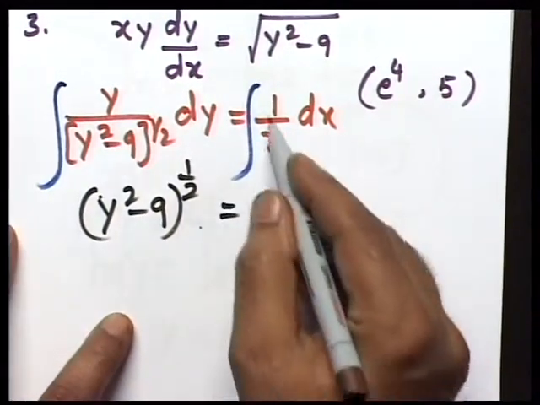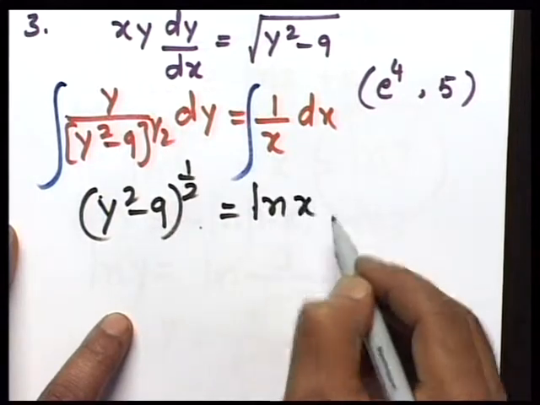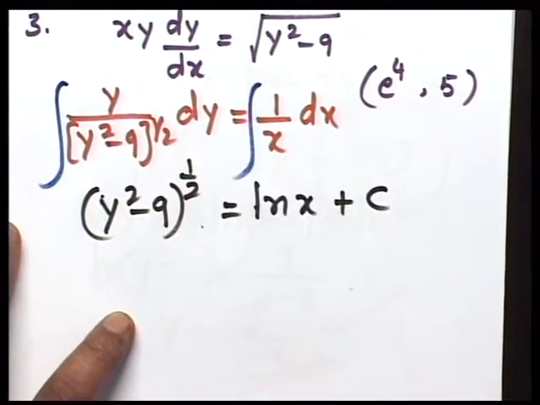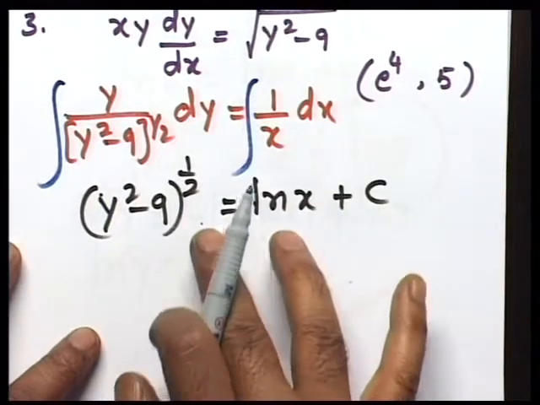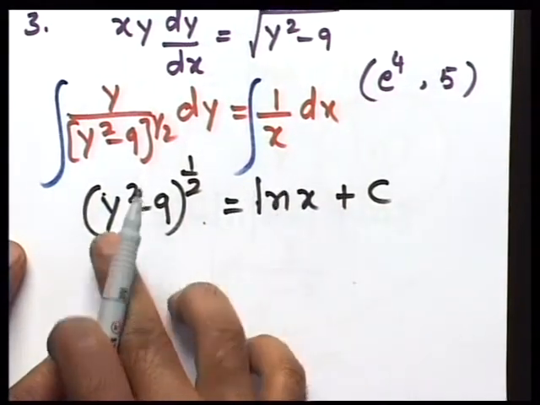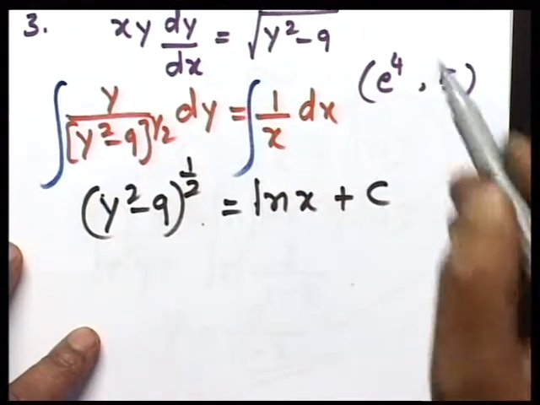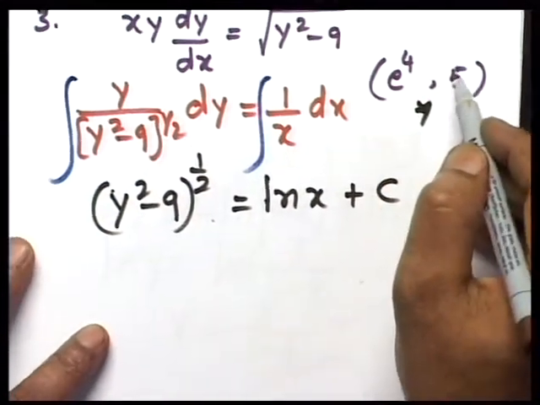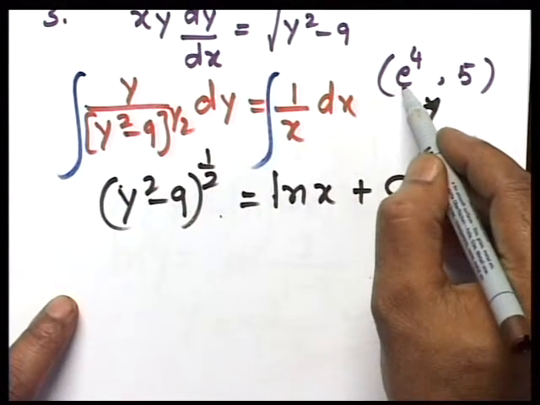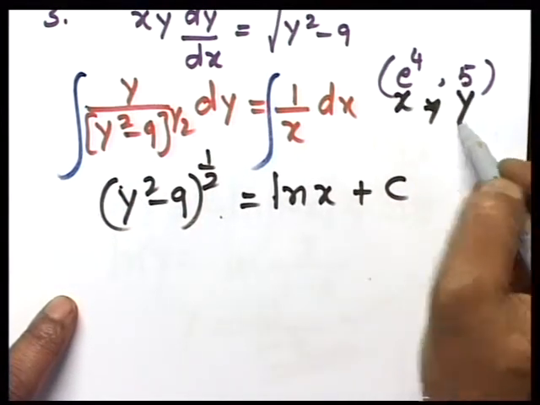It is equal to natural log x plus c, right? Then this is the general solution before making y subject. Let's substitute the initial values that we got. So this is the x value and that's the y value, please.